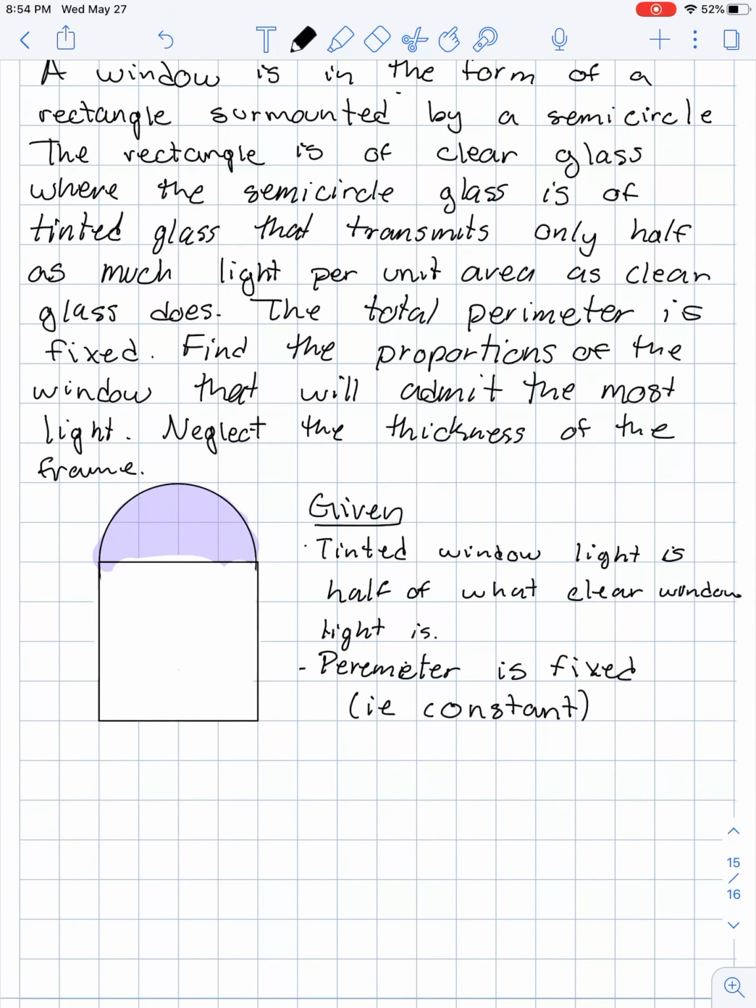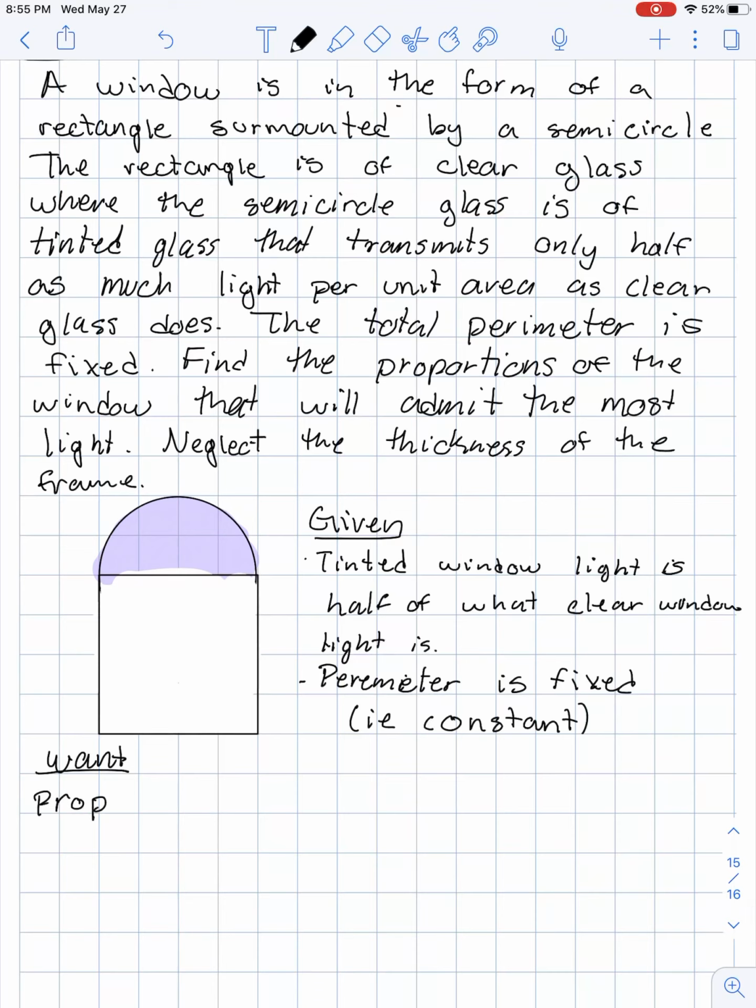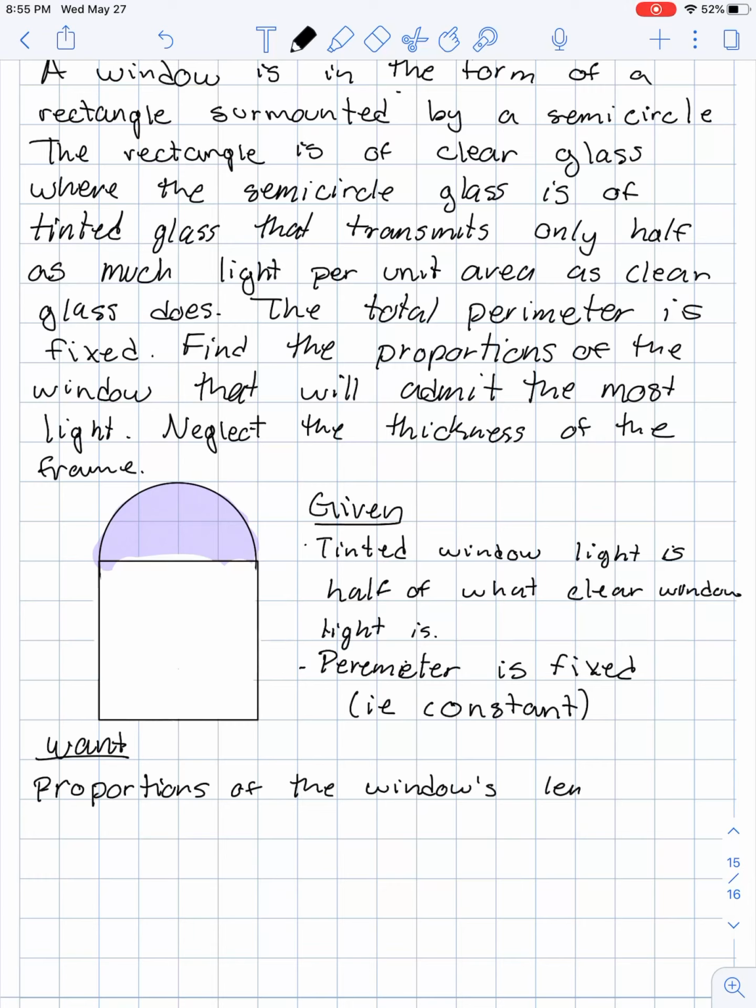And we want proportions of the window, length and width, to maximize the area.